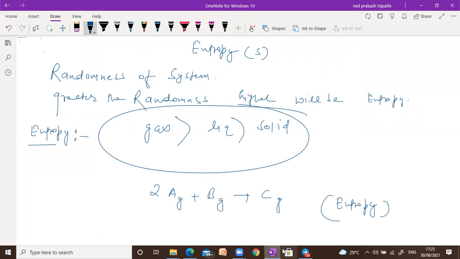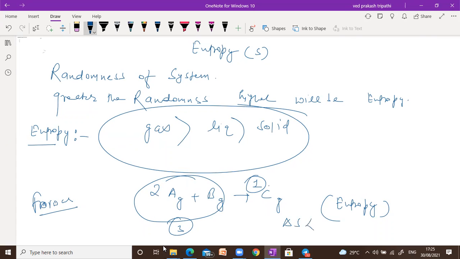As you can see, they are all gaseous phase, but the reactant has 3 moles and the product has just 1 mole. So when you move in the forward direction, your gaseous moles are decreasing. So 3 and 1 means your randomness will decrease, so delta S will be negative.